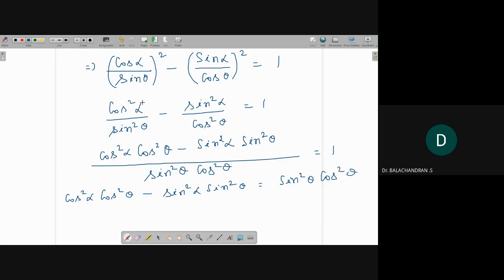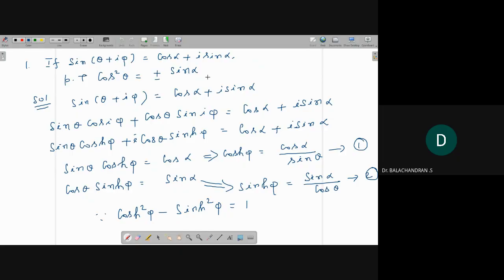Again, now I am going to see what I need. Depending upon the requirement, I need to proceed. I need cos square theta and sin alpha. Suppose I have cos square alpha, then I need to write 1 minus sin square alpha. Suppose I have sin square theta, then I will write sin square theta is 1 minus cos square theta.